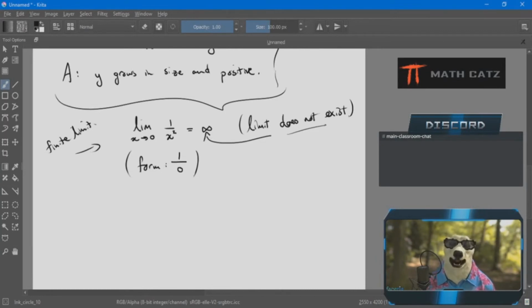1 over 0 does not equal infinity. If you say that, I'm going to ding you. I'm going to subtract marks because it shows a lack of understanding, and that's never something I'm going to write. However, the behavior of a fraction with a numerator of 1 and a denominator that shrinks down close to 0, the behavior tends to infinity. It goes to infinity, that function.